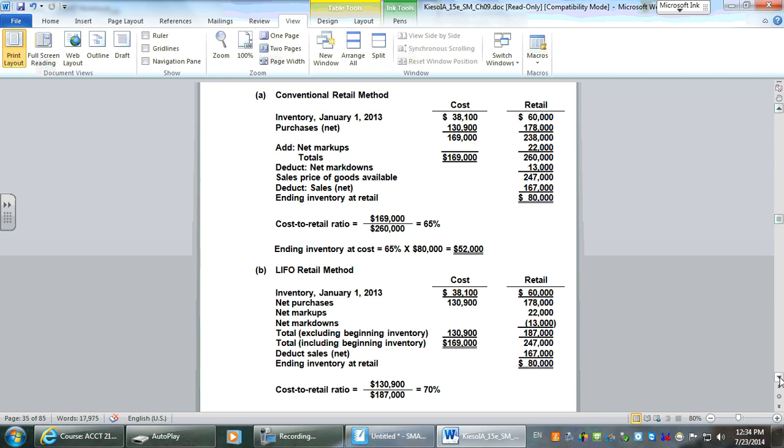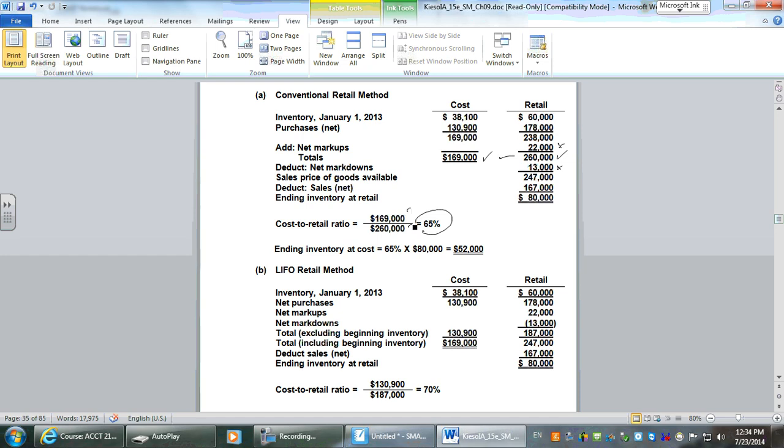So let's write that down. They calculated for this problem 65%, which is using this one and this one, right, guys? I took out the markups, but I did not take out the markdowns for doing my percentage. So there's my percentage. I did that. Okay? Everybody see it? Seems a little crazy at first, but it does make sense.